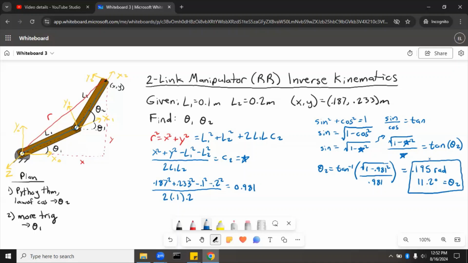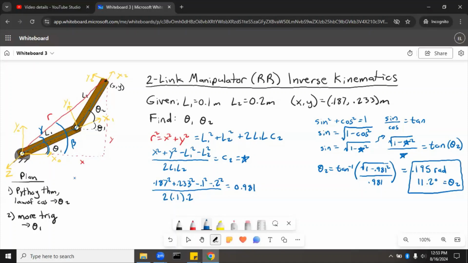Now we need to solve for theta 1. Looking at this, theta 1 is that angle. Using right triangles, we can find that angle. We'll call this angle beta, and the angle between R and L1 we'll call gamma.